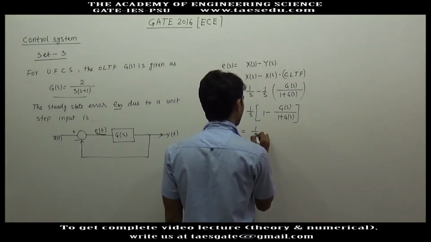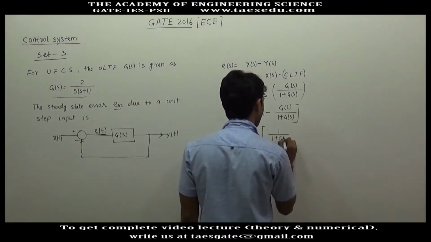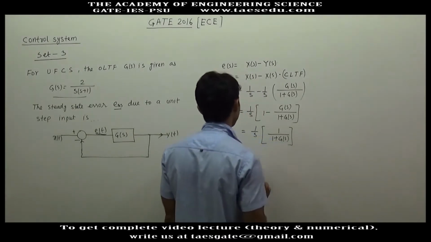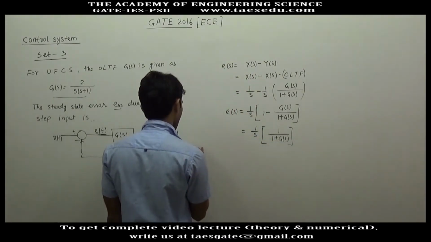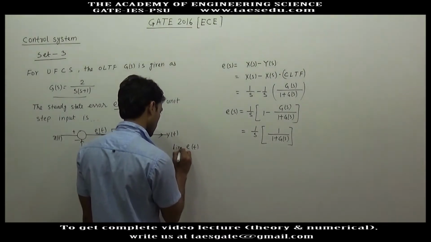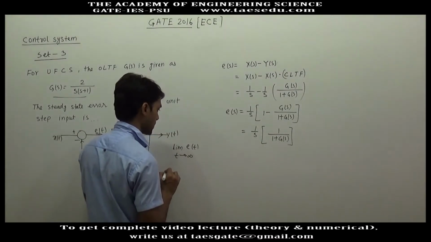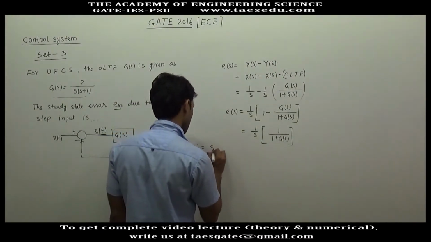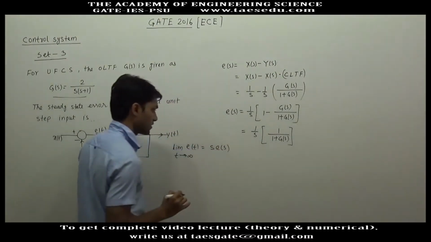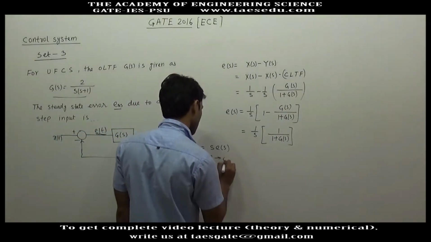This will be 1 upon S into 1 divided by 1 plus G(S). And to find out the steady state error, the value of e(t), the steady state means t tends to infinity. This will be S E(S), applying final value theorem, limit S tends to 0.